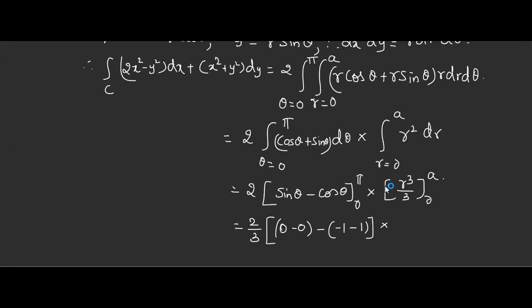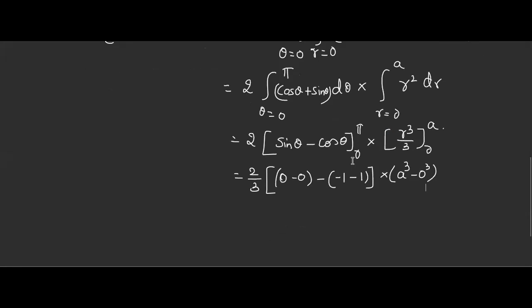Okay, I have taken already 1 by 3 out. What is remaining is r cube, upper limit. A cube minus 0 cube. Hope the substitution of the limit is clear? Yeah, this is 2 by 3. Can you tell me what is the value of this bracket? Minus 1 means minus 2. Outside there is minus, means it becomes plus 2.